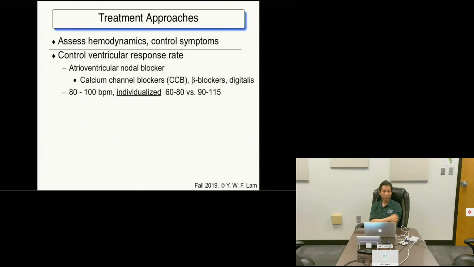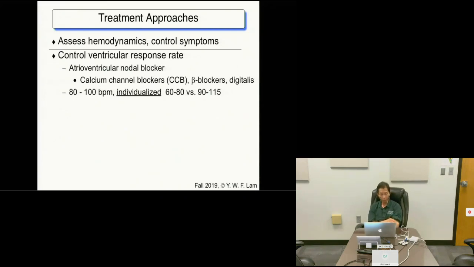If the patient is asymptomatic, or the symptoms are not that critical, then the next therapeutic goal would be to control the ventricular response rate, because we don't want the patient to run a ventricular rate somewhere between 120 to 180 beats per minute.